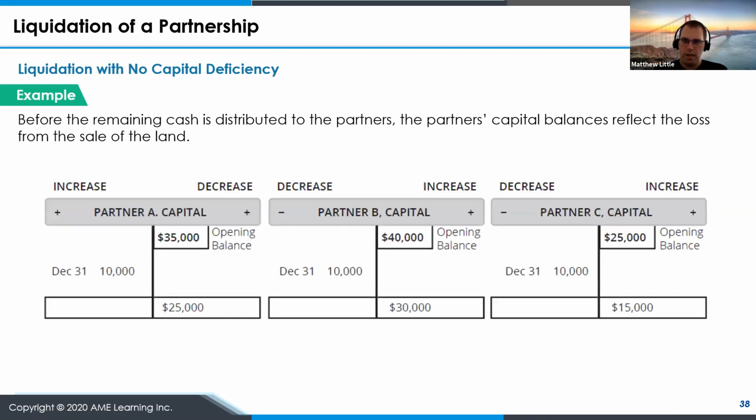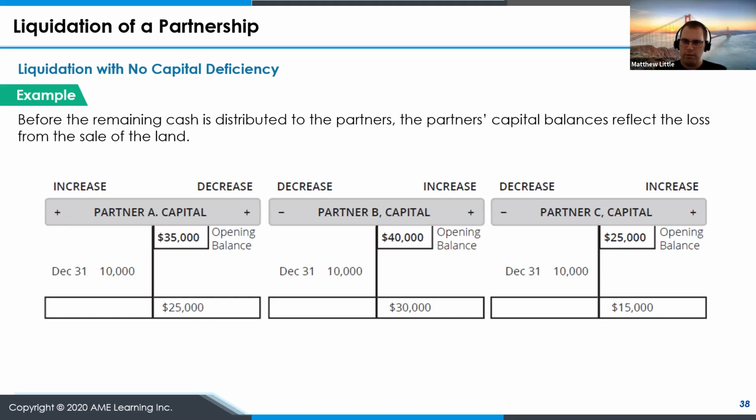Now our remaining cash is then distributed to the partners, which will be the $70,000. So you'll see the remaining cash is now distributed to the partners, and their capital balances will also reflect the loss from the sale of the land.